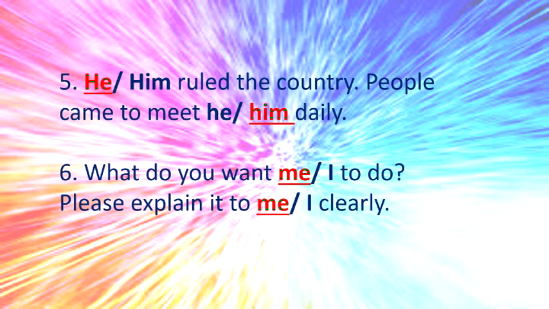Because in the first part, me is the receiver of the action want. In the second part, me is the receiver of the action explain. I'm sure you must have got all your answers correct. So you can have a clap for yourselves. Very good. So let us go further.